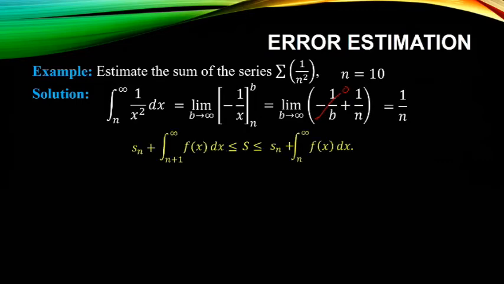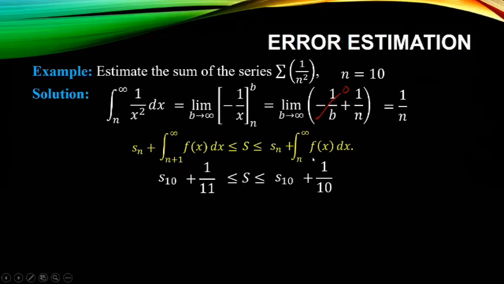So we can now use the given inequality. Now substitute: s sub n, the partial sum up to n equal to 10, plus 1 over 11, since it starts from n plus 1. So the integral of f of x dx from n plus 1 is 1 over 11, less than or equal to s, less than or equal to s10 plus 1 over 10, since it is from n.